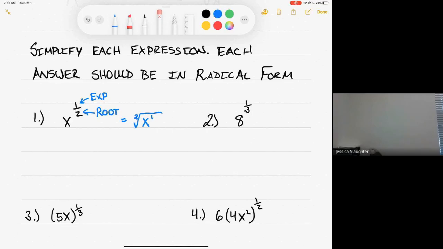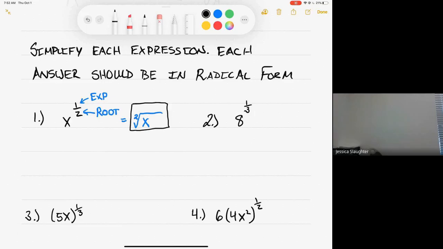No. So can I take the square root of x? Can I multiply something by itself and get x? Nope. So I cannot take the square root of x. Therefore, this is as simple as that radical expression can get. So that is my answer, the square root of x.